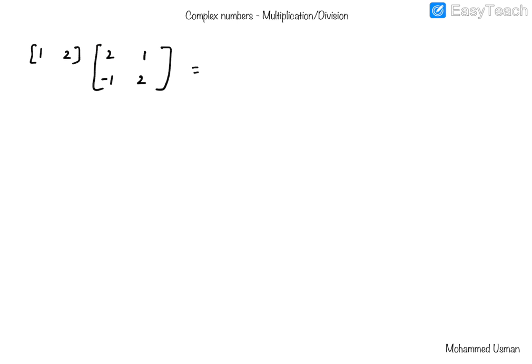So that will be 2 minus 2, which is 0. And multiplying this with the second column, 1 times 1 plus 2 times 2 will be 1 plus 4, which will be 5. So which is exactly the result that we had when we multiplied the complex numbers. So when we multiplied 1 plus 2j with 2 plus j, we got 0 plus 5j.